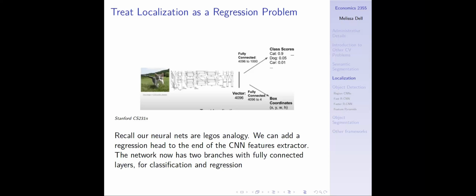And the reason we do this, remember the point of the CNN is it extracts these meaningful features from your data. In the basic image classification problem, we use those just to classify, but we can actually use those same meaningful features to both classify and to predict the bounding box of the object. And so now we have 2 branches. They both have fully connected layers, and those layers are used for classification and for regression.